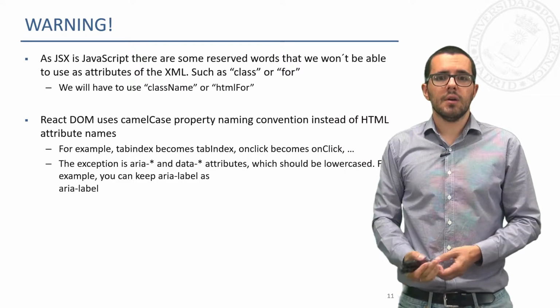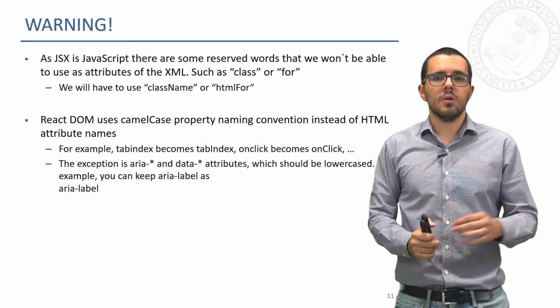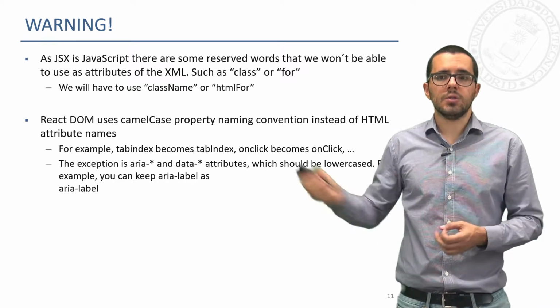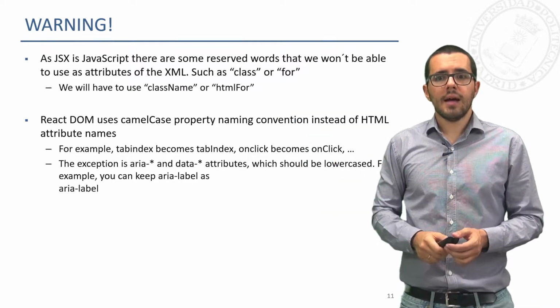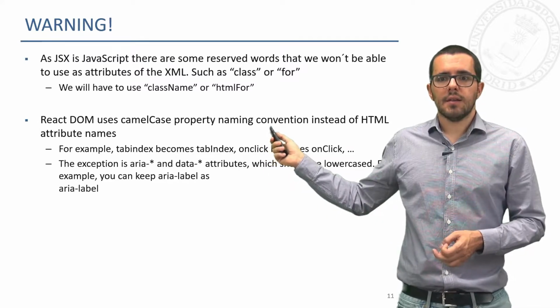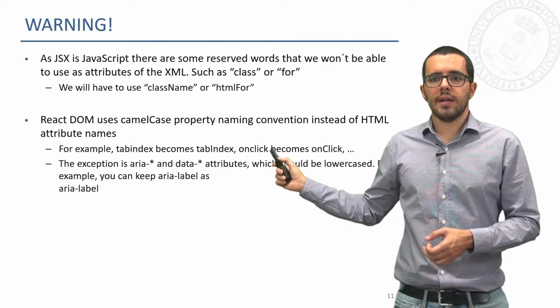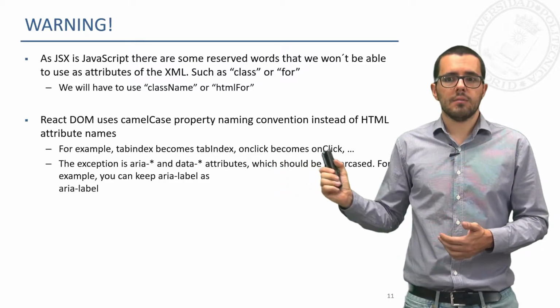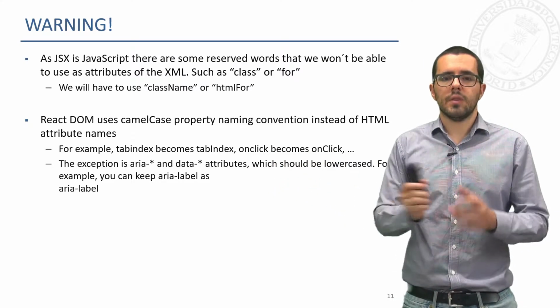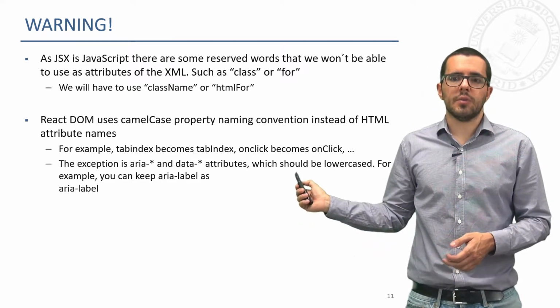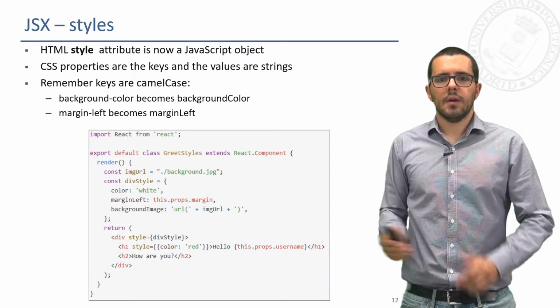If we don't use them, we will have a warning in the console, that is React telling us that they are used this way. And also the camel case. The property naming convention is camel case. So tabindex, onclick, and many others will become this kind of word with the C in uppercase, with this small exception here, aria and data.